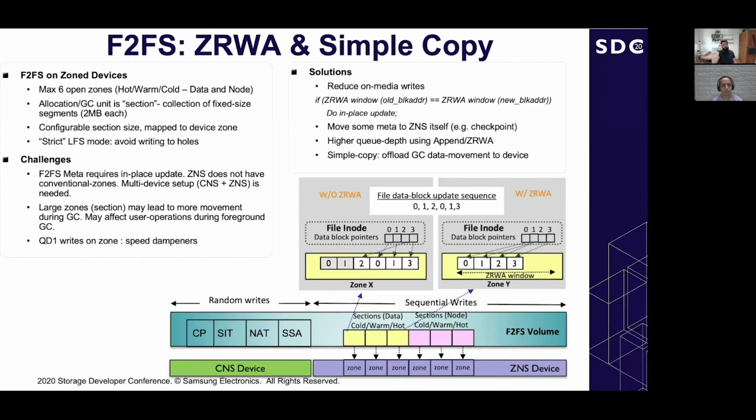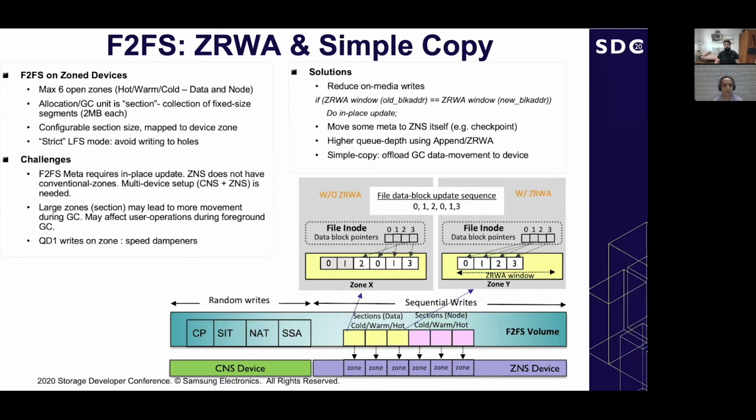There's an example here which shows the recurring updates happening on a file. A few blocks are getting updated more frequently than others. In this case, blocks 0 and 1 are getting updated twice, while blocks 2 and 3 are getting updated only once.